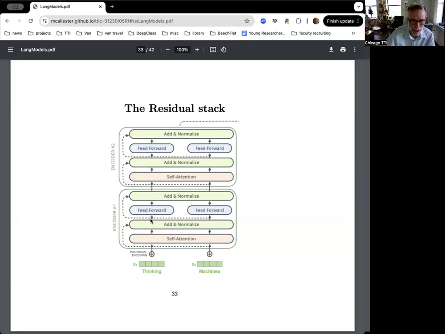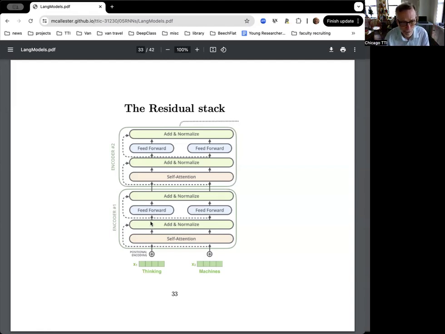This is taking the vector at each position, and this actually does a bottleneck step. It takes that position and transforms the number of neurons to an intermediate number of neurons. This is like the bottleneck layer in ResNet, except this time it's going to a larger number of neurons.